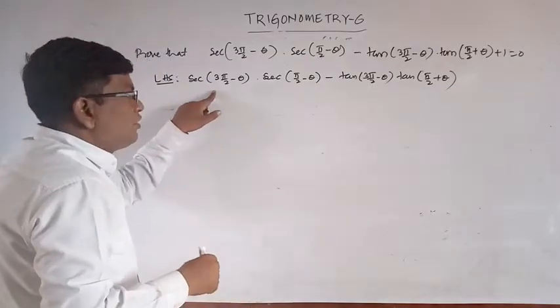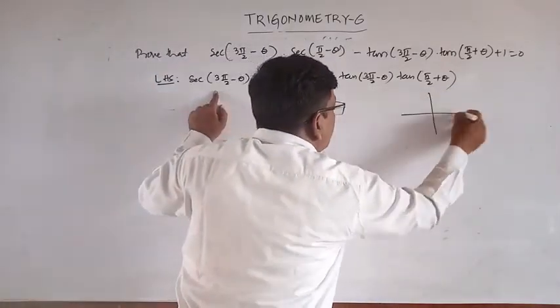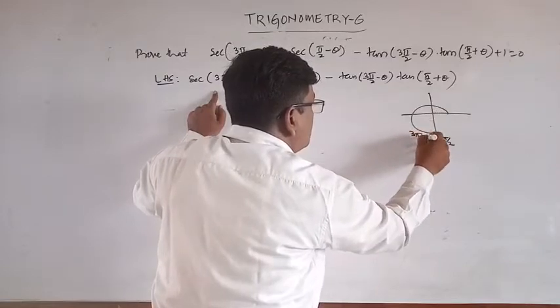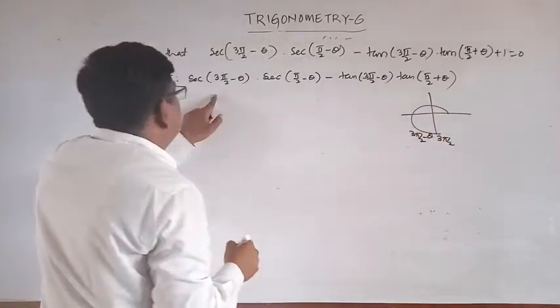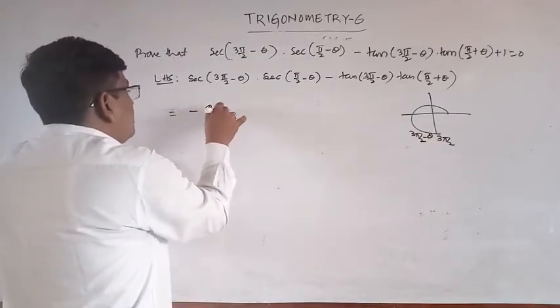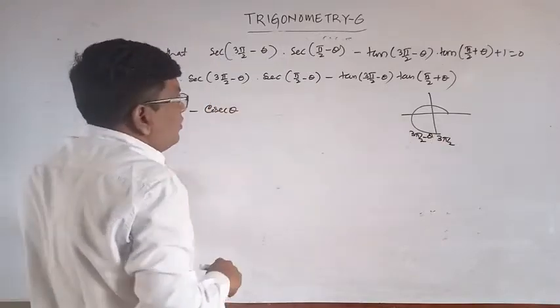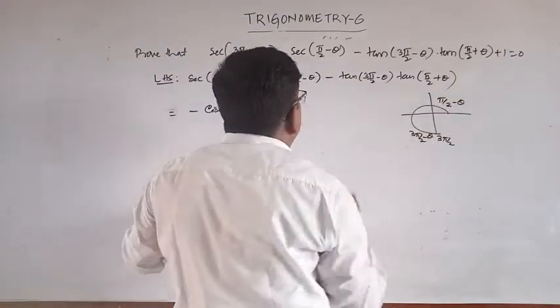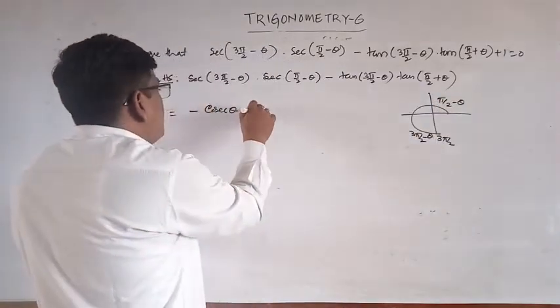Okay, 3 pi by 2 minus theta lies in the third quadrant, so sec is negative. So minus here cosec theta. Pi by 2 minus theta lies in the first quadrant, all positive. So this is cosec theta.